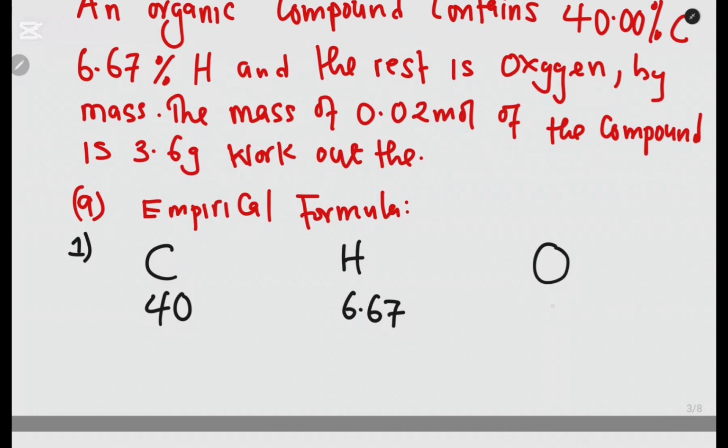Then this one is the rest. When they say the rest, it means the percentage is out of 100. So if you add 40 plus 6.67 and subtract from 100, what remains is for oxygen. So 100 minus 46.67 is going to give you 53.33. Okay, that is what we are going to find.